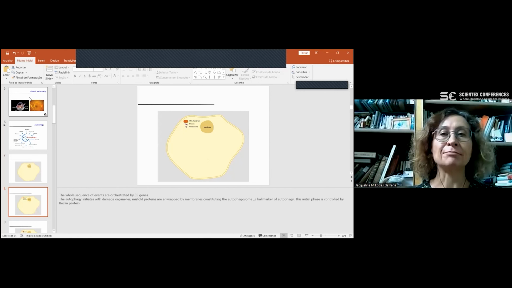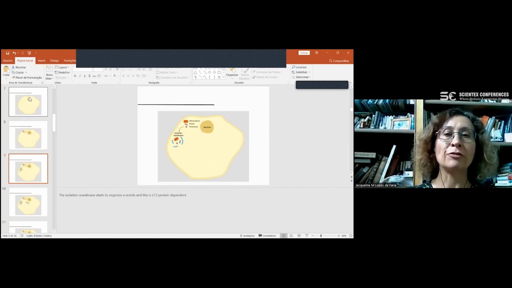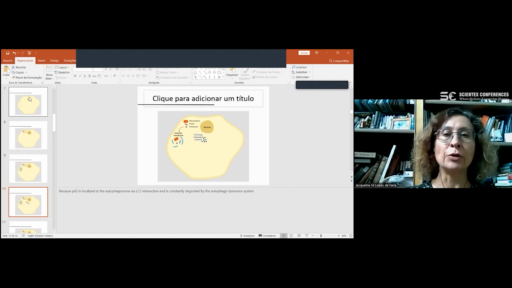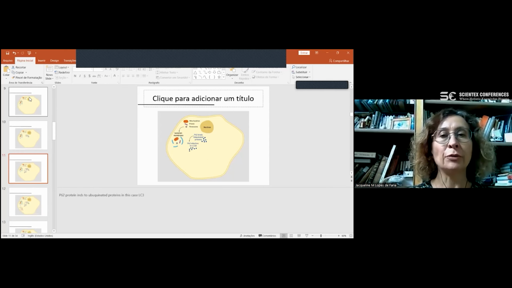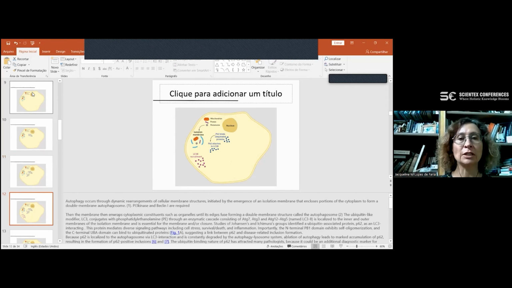Initially, damaged organelles, misfolded proteins, and pathogens inside the cells stimulate the endoplasmic reticulum stress response, which will produce fragments of the cell membrane. P62, which is a cytosolic protein, will bind to this ubiquitinated protein, recruited by LC3B, which is another cytosolic protein.